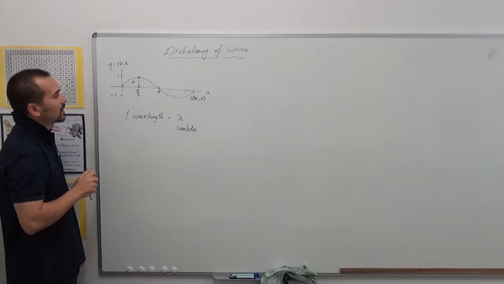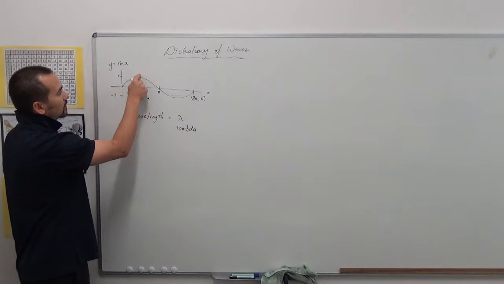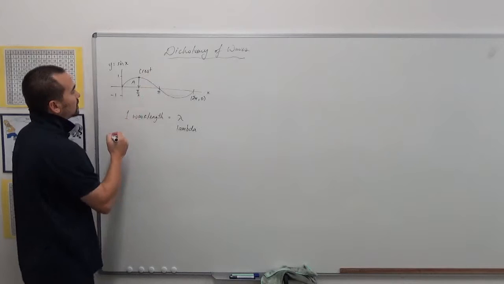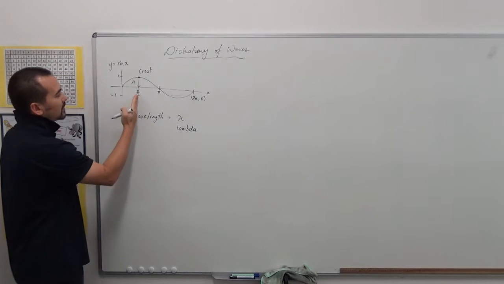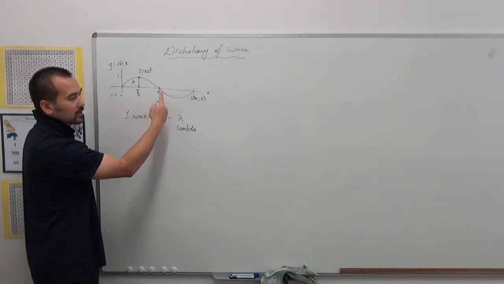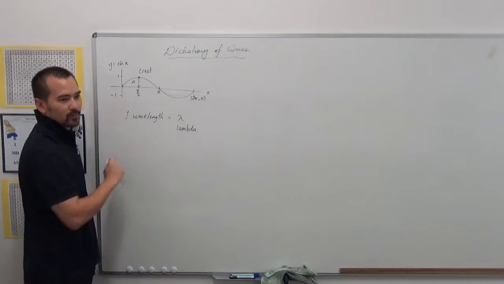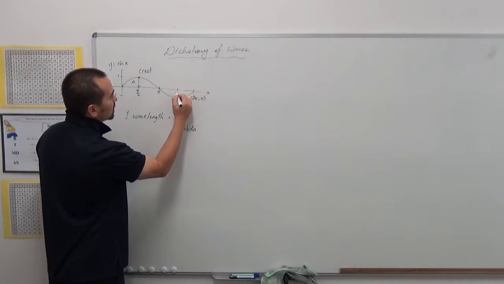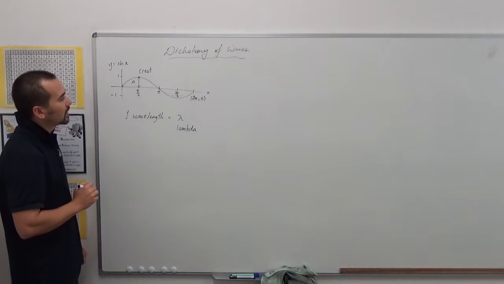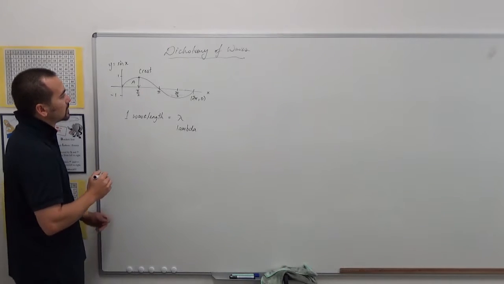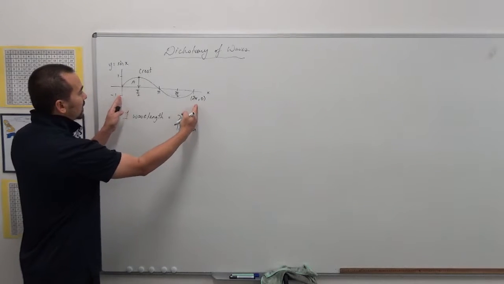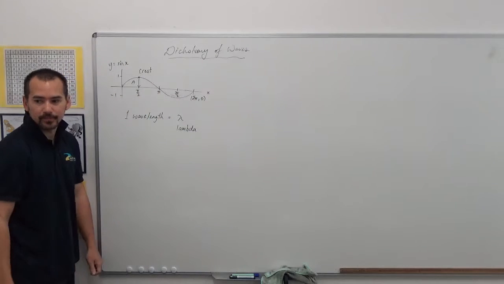Now, this is called a crest, and it happens at pi on 2. This would be 2 pi on 2, this is 3 pi on 2, and that's 4 pi on 2. So long as you can find one wavelength, you can break it up into quarters like that.